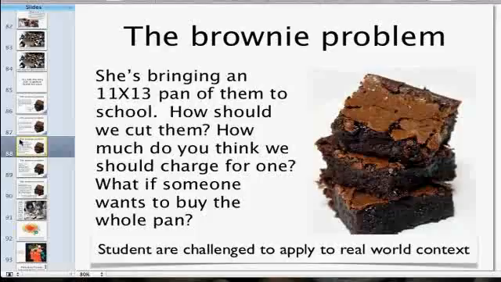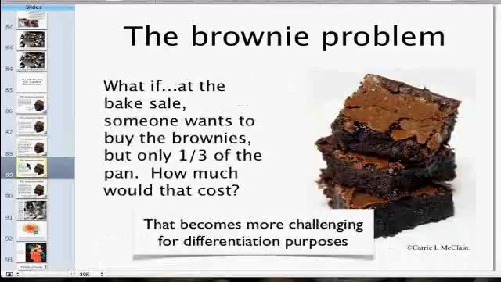Then you can move into some tougher questions. So you can use this for differentiation purposes, a what-if question, and have these posed to different kids in different groups. You can be very creative about being able to use different levels of problems.